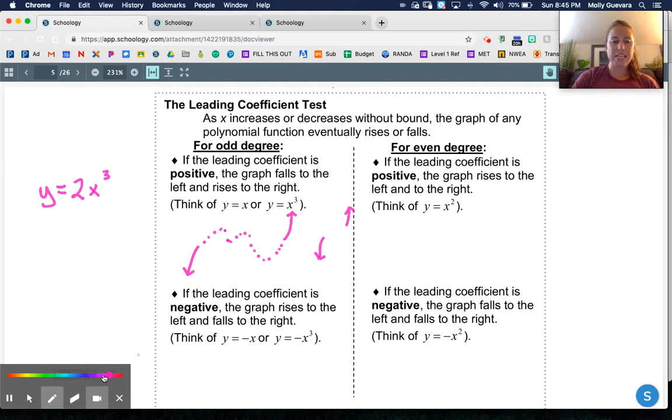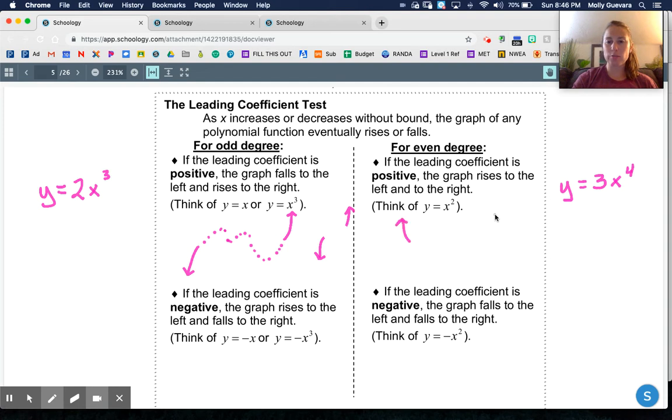If I have an even degree, so to the 4th, to the 6th, whatever, and it's positive, so y is equal to 3 times x to the 4th or something, as long as the leading coefficient is positive and the exponent is even, the graph is going to rise to the left and to the right.